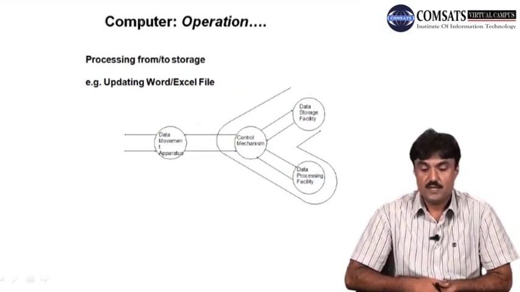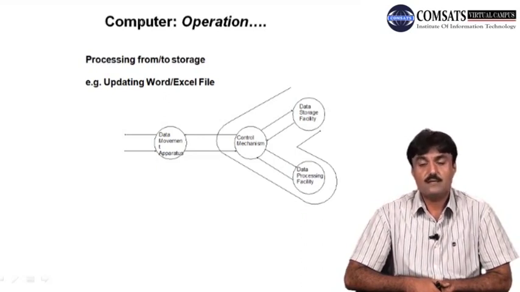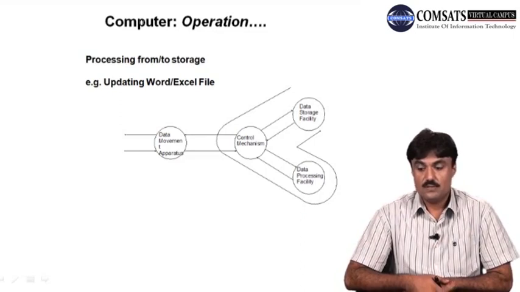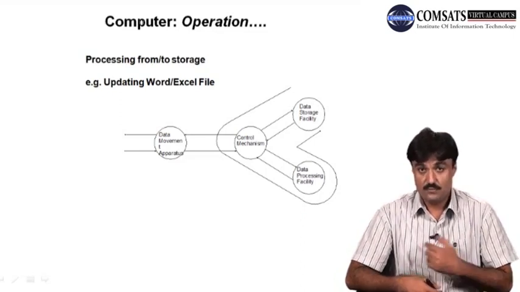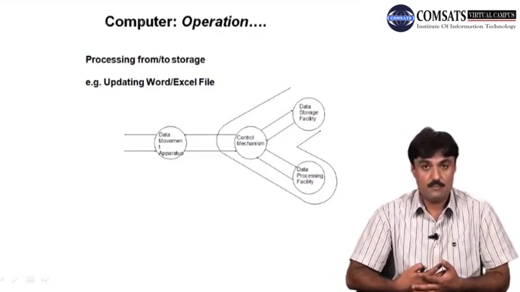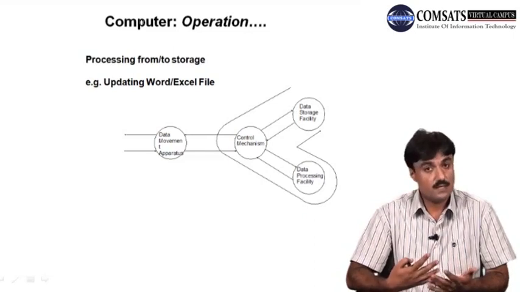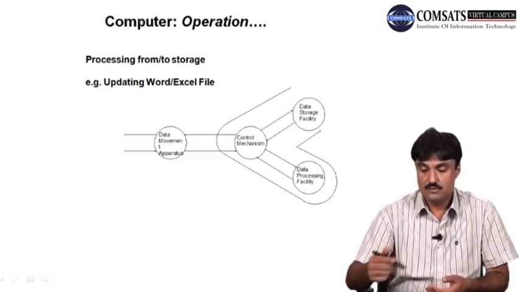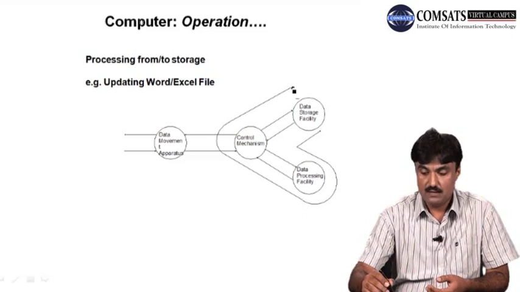The next one is processing from or to the storage, like updating a Word or Excel file. For example, if we have an Excel or Word file stored in the hard disk, and we want to modify or update it, what we do is first retrieve that file from the data storage facility.